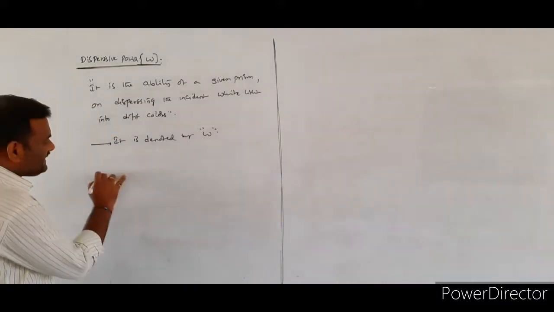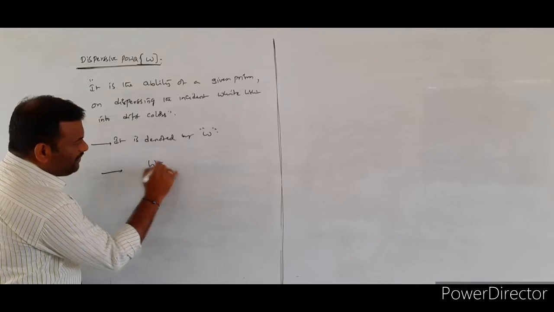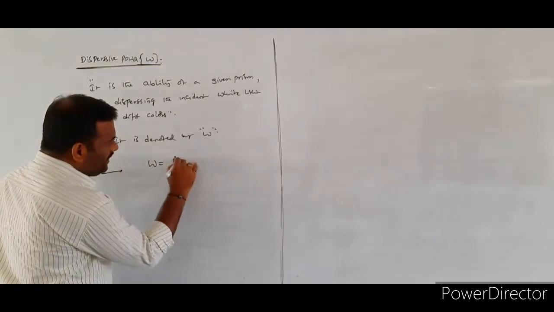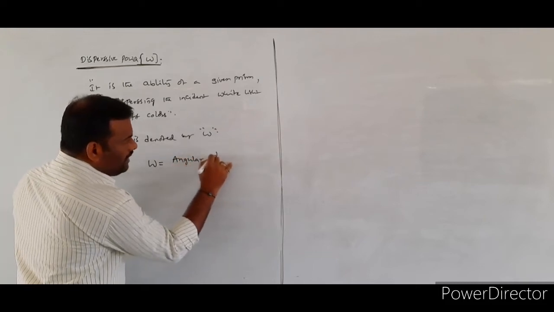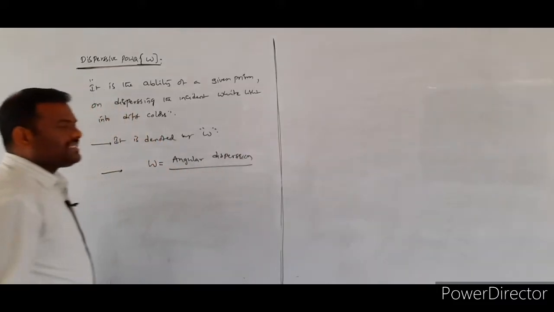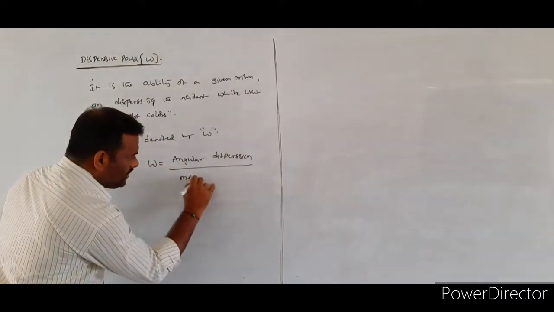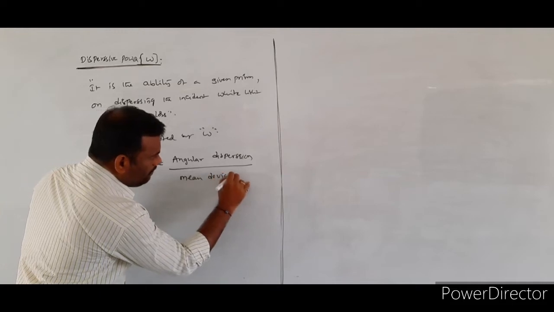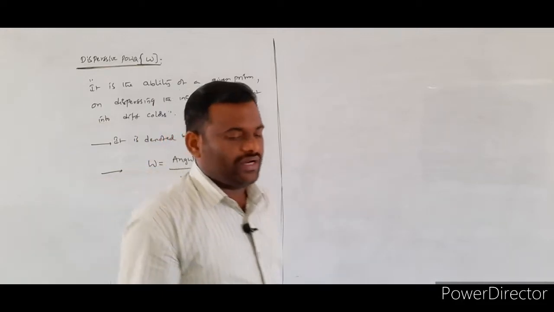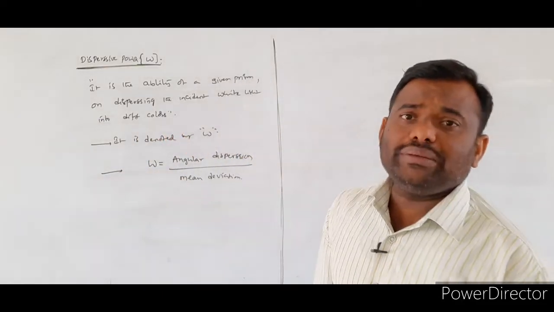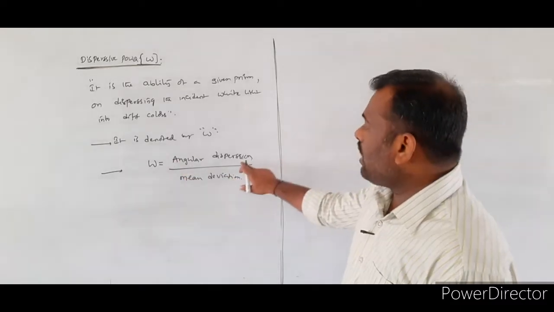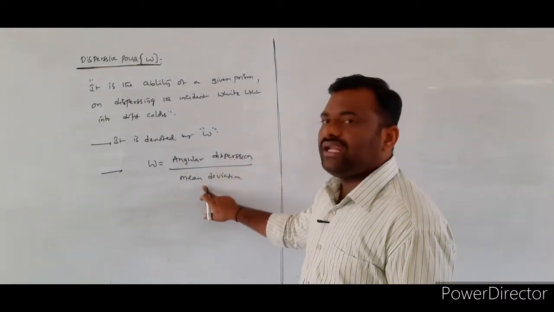Numerically, dispersive power is defined as the ratio of angular dispersion to the mean deviation.